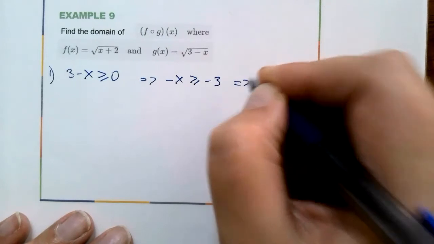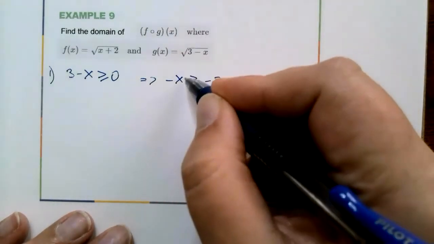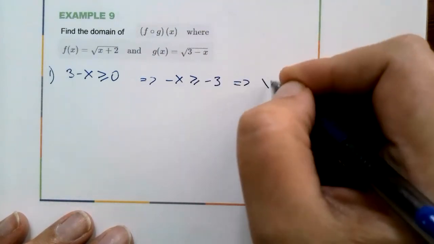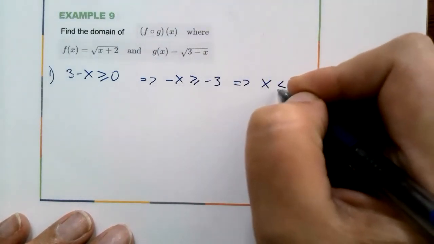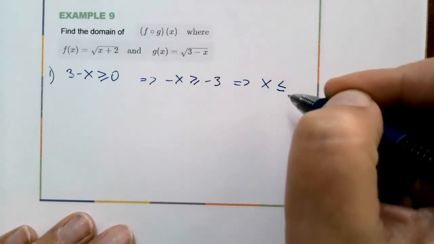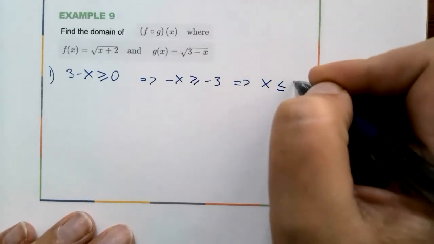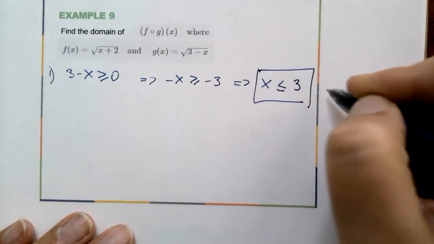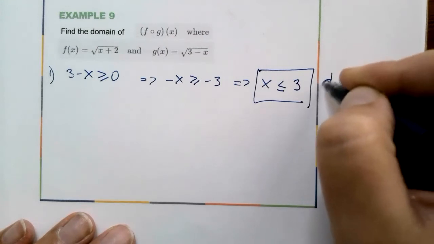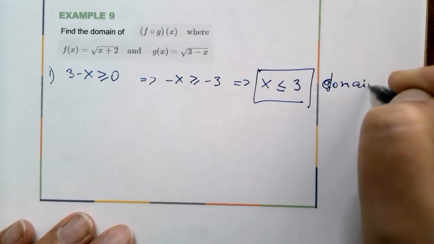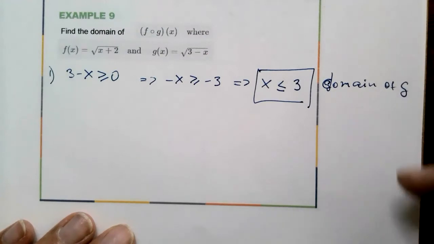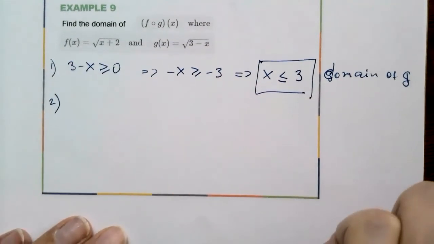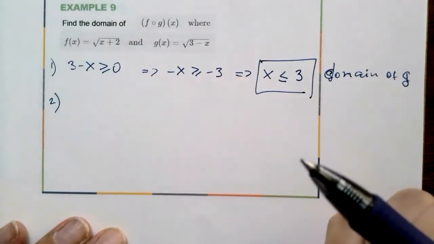And then multiplying both sides by -1. Just as a reminder, your sign switches when you multiply by a negative number. So x is less than or equal to positive 3, and that's our domain of g. Okay. Now, next, we want to find the domain of f.